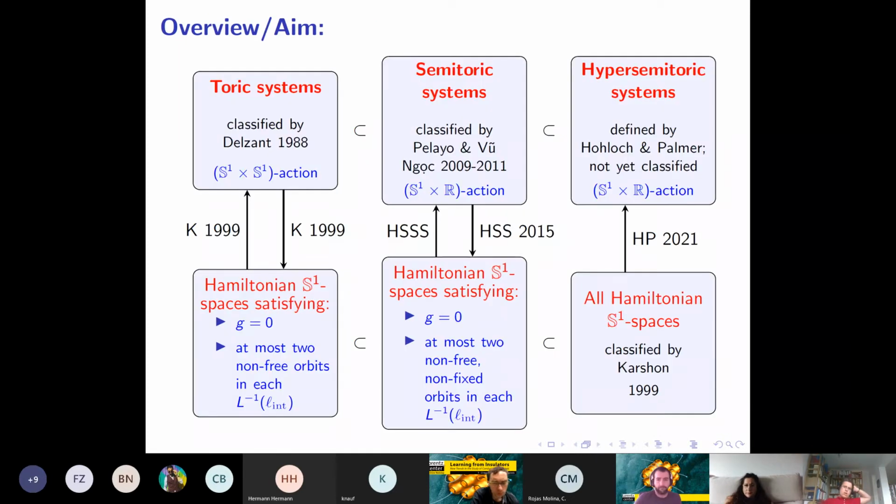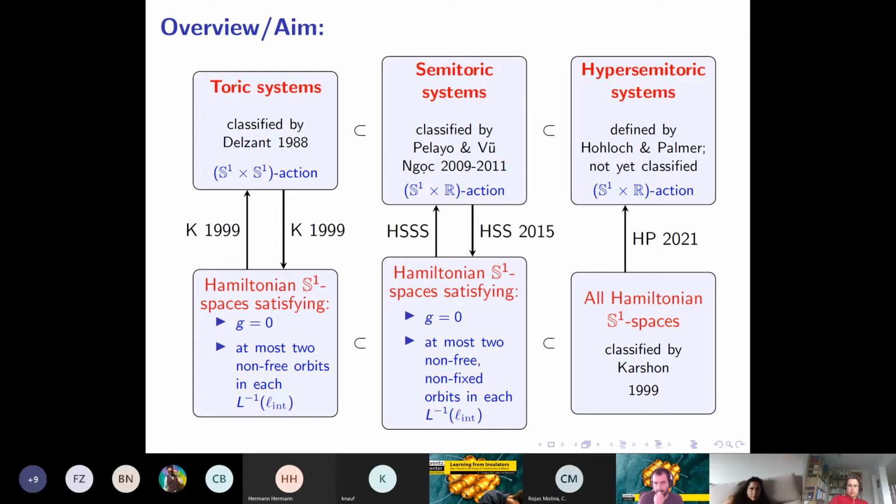And this is now a little bit the scheme of what I want to outline today. What we already saw is here down in the bottom right corner, the classification by Karshon in 1999. All Hamiltonian S1 spaces, so I call it S1 space because of omega and this manifold and so on, were classified.